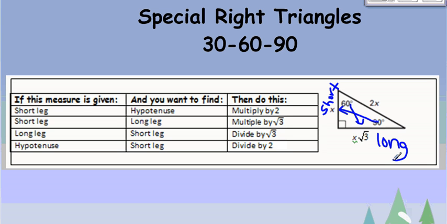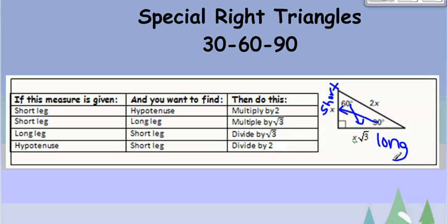So again, if you look in the chart that I've given you, if you're given the short leg and you're asked for the hypotenuse, you're going to multiply by 2. If you're given the short leg and looking for the long leg, you're going to multiply by the square root of 3. Now, the other parts are if you're given the long leg or the hypotenuse. You're always trying to find the short leg.